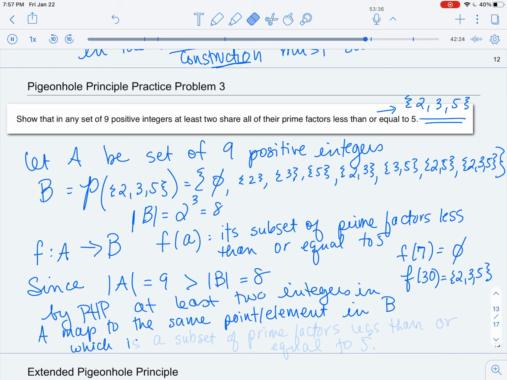which is a subset of the prime factors less than or equal to 5.